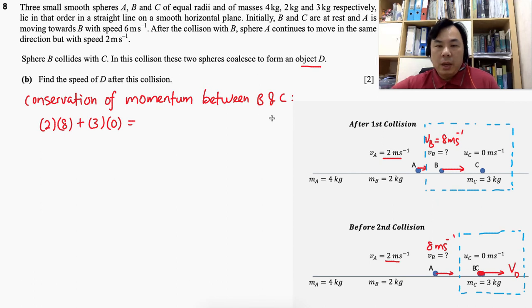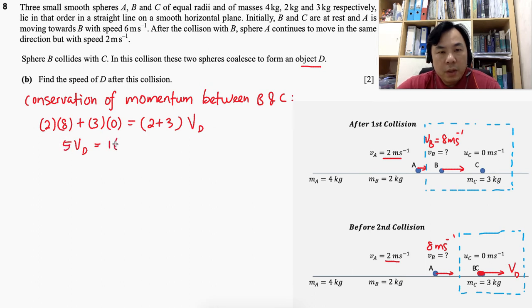And then after they collide, they will join together. So when they join together, the total mass will be 2 plus 3, moving as one object D. In this case, vD will be 5 vD equals 16.